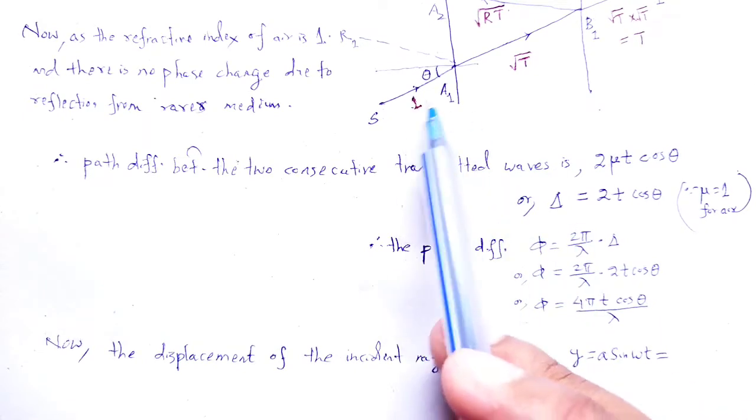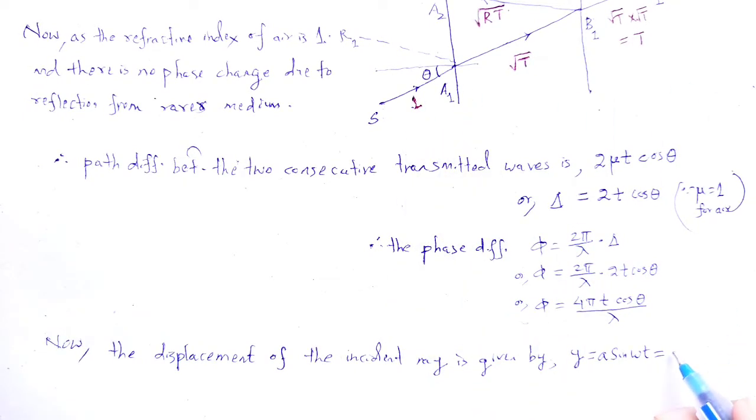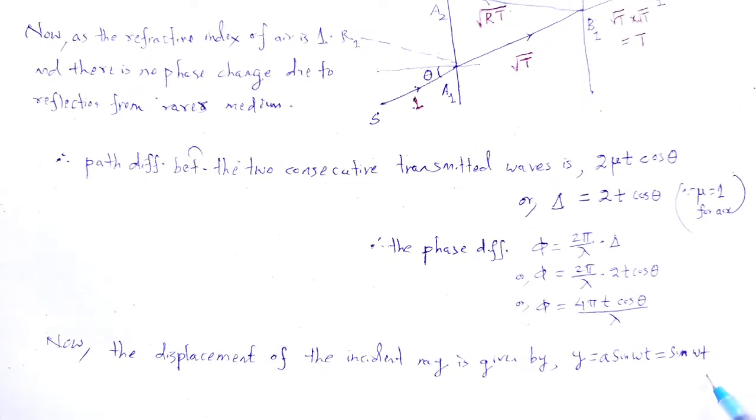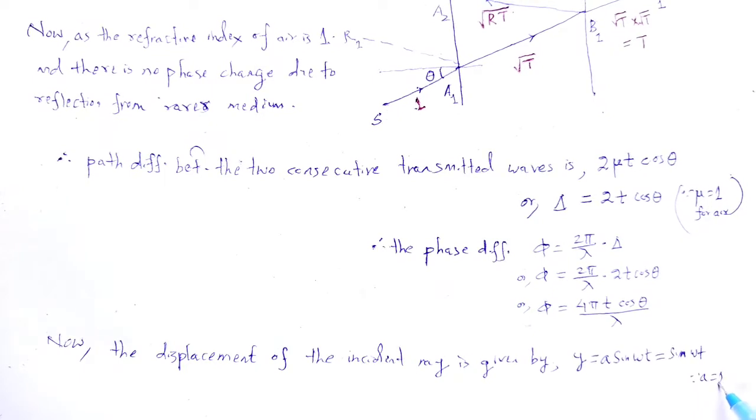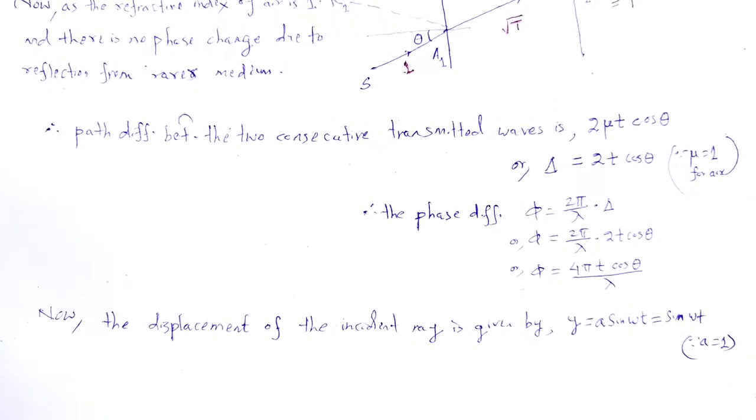Here the amplitude is 1, that is equal to sin omega t, as a is equal to 1.